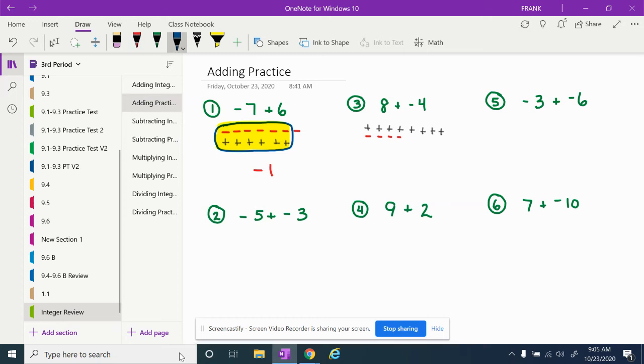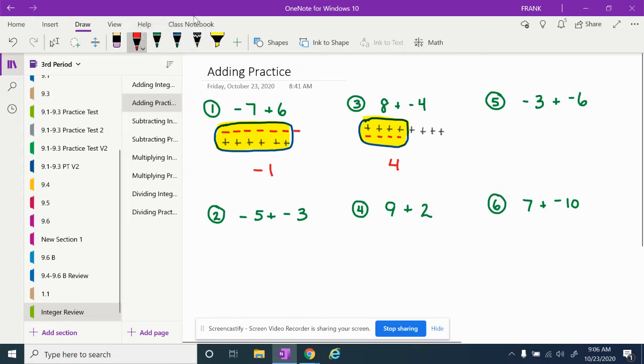I've got it stacked, so I can clearly see that these 4 positives will cancel out those 4 negatives. So all of those disappear, and I'm left with 4 positives. So my answer must be +4.